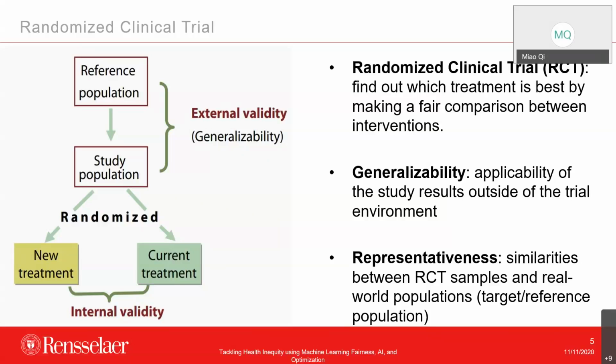Representativeness describes the similarities between the randomized clinical trial samples and the real-world target populations. So in my study, we focus on the process from the reference population to the study population. That is the generalizability of the clinical trials.